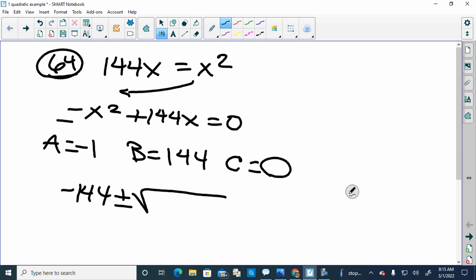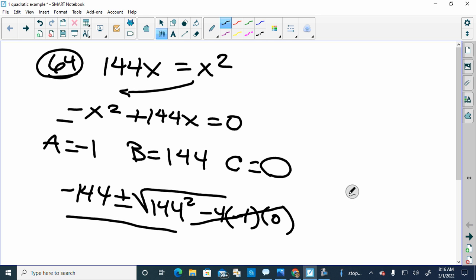Then underneath I would square that number, so I have 144 squared, and then -4 times A times C. This would change to a +4, but anything times 0 is 0, so really that right side goes away. And then divided by 2 times A, so that would be a -2.